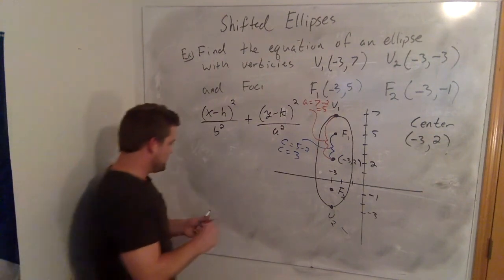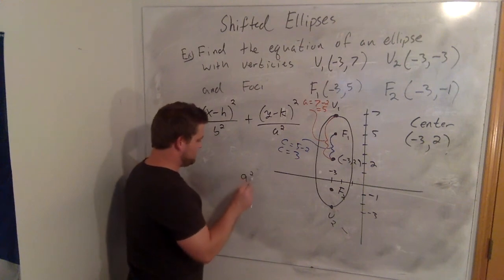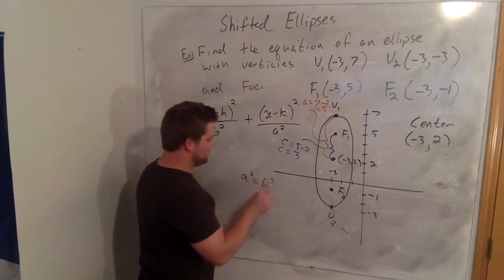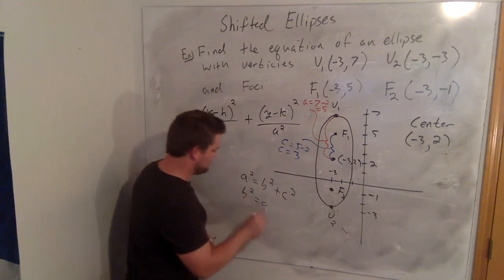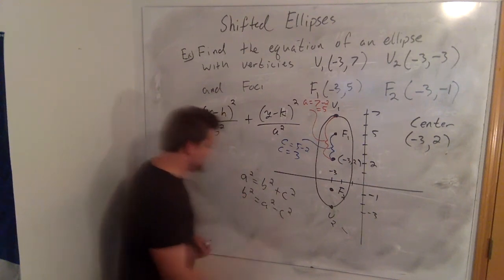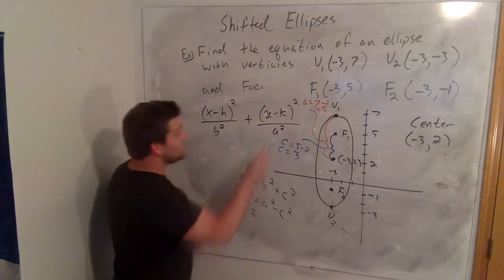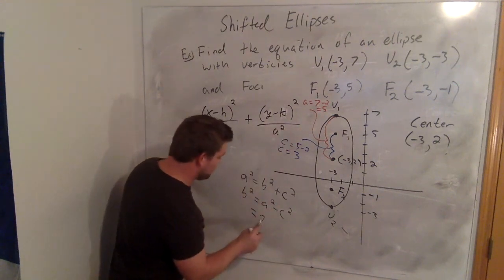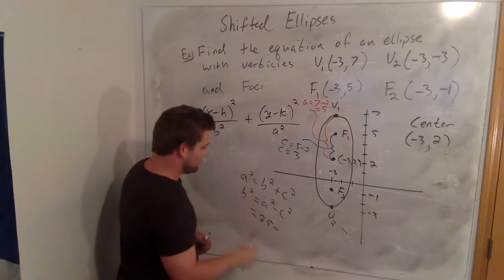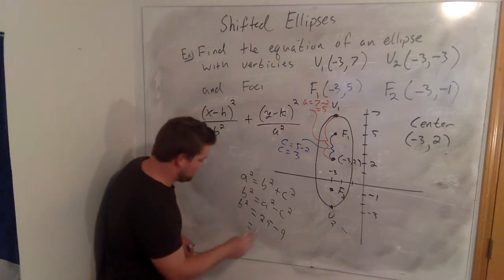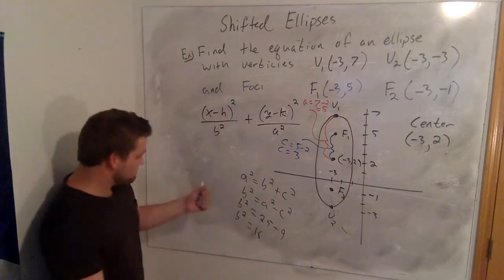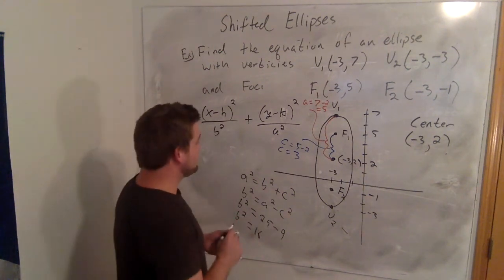We have that a squared is equal to b squared plus c squared, so b squared is equal to a squared minus c squared. a squared is 25, c squared is 9, so b squared will be 25 minus 9, which is 16. I think we have everything that we need.